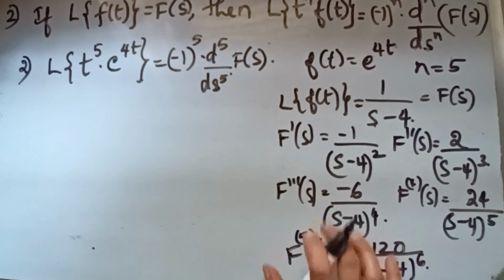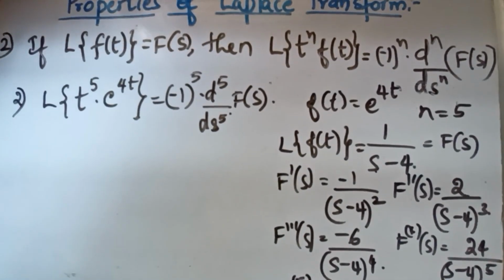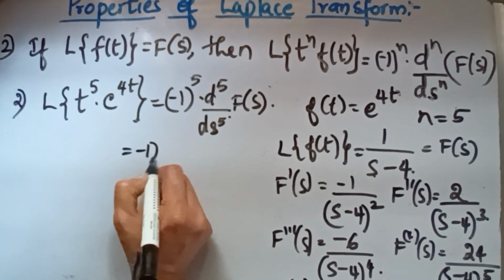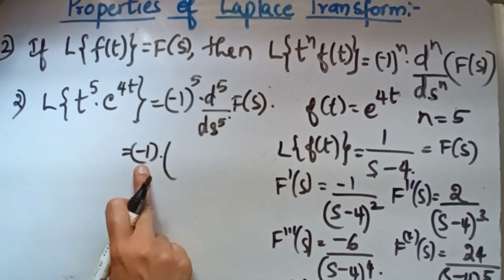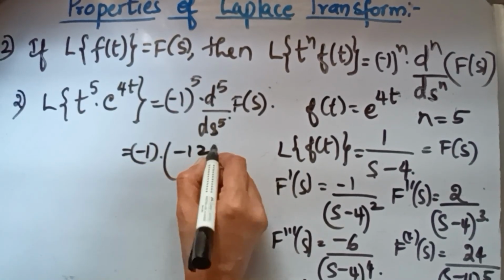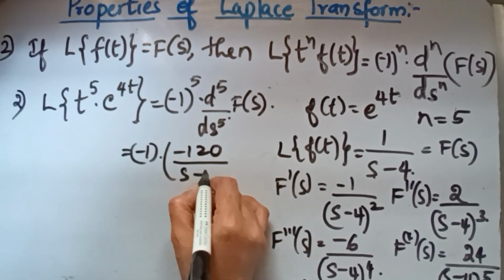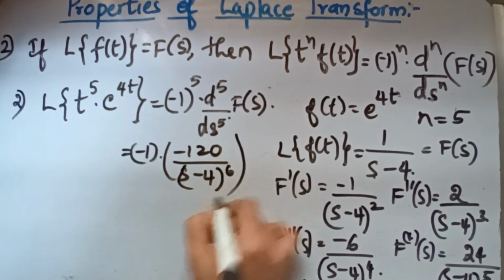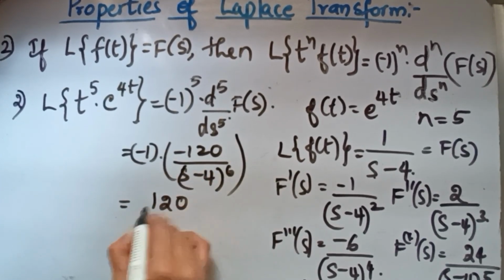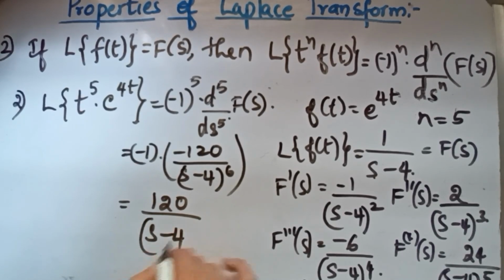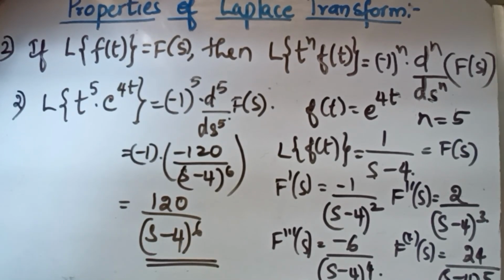So we got the fifth derivative. Let us substitute that here. This is minus 1 to the power 5, which is minus, times minus 120 divided by (s minus 4) to the power 6. So that gives you 120 divided by (s minus 4) to the power 6. This is the required answer as per this second property.